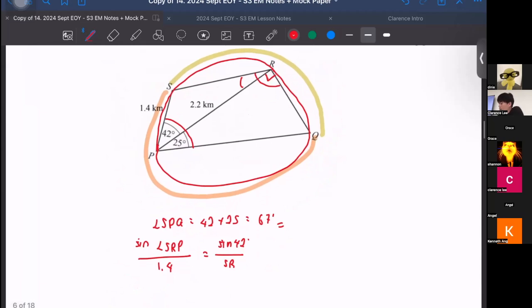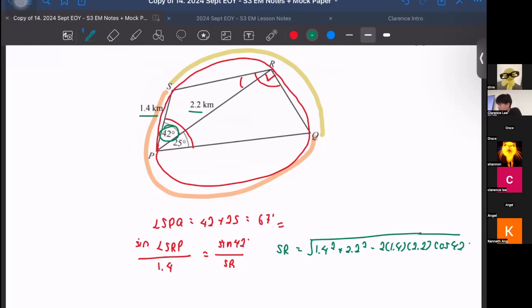Because you have the lengths 1.4, 2.2, and the angle in between, SR is equal to the square root of 1.4 squared plus 2.2 squared minus 2 times 1.4 times 2.2 cosine 42 degrees. This gives me 1.49075.